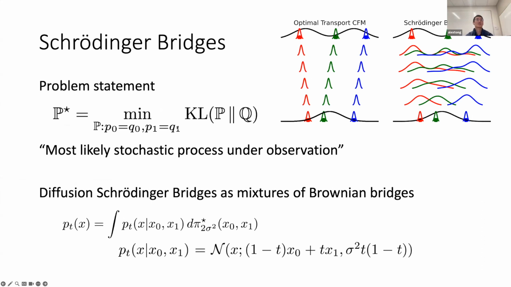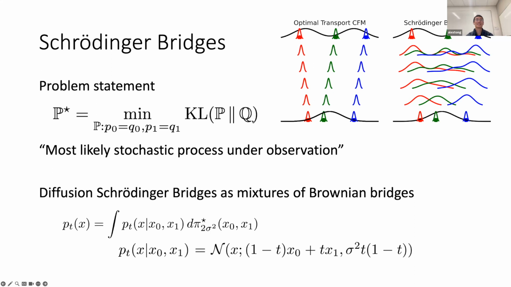Schrödinger bridges is an interesting problem. Basically, you're looking for the path measure that minimizes the KL divergence to a reference measure, and it's constrained at both ends. You observe two distributions, and you want to find the most likely stochastic process that gives rise to these distributions.